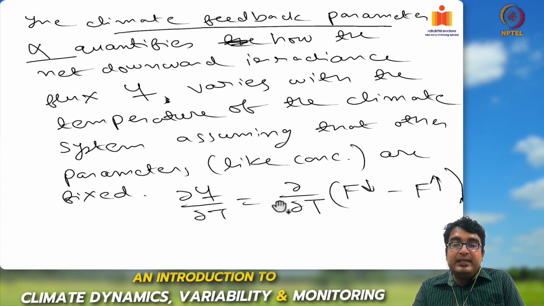Remember, ∂F/∂T is ∂/∂T of F downward minus F upward, net absorbed short wave radiation minus the net outgoing long wave radiation. So the variation of the net downward radiation, short wave minus long wave, with system temperature, assuming that the greenhouse gas concentrations and every other forcing parameter is held fixed. That is what the climate feedback parameter tells.